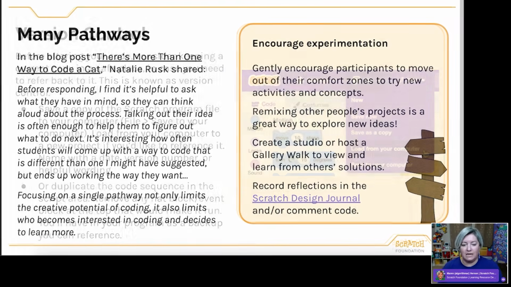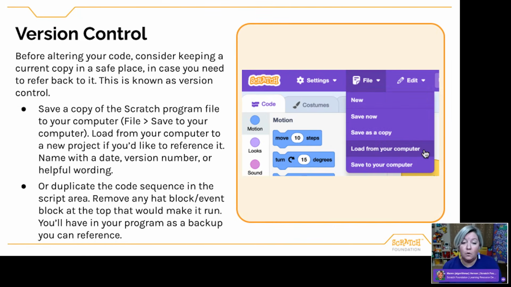iterated on our project. While there isn't version control in Scratch projects, I will just say as an aside, one way that I've handled that sometimes, if I want to see that growth, is to have them save versions of the program. When you are in the Scratch project editor screen, there's the option to save the file to your computer. You can have them save the file and date it.